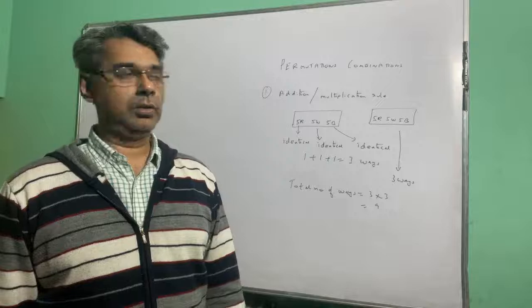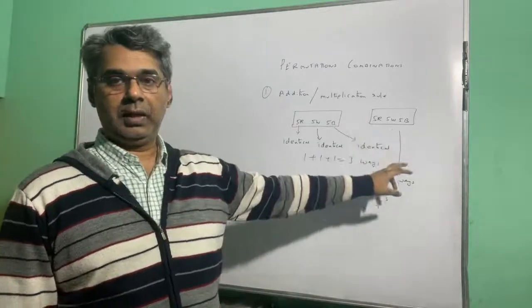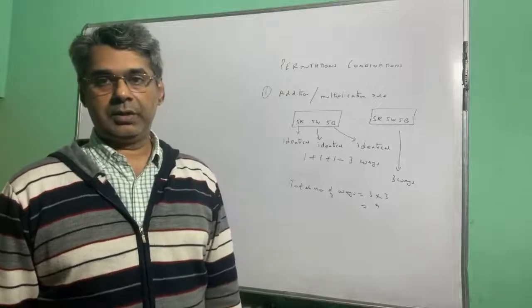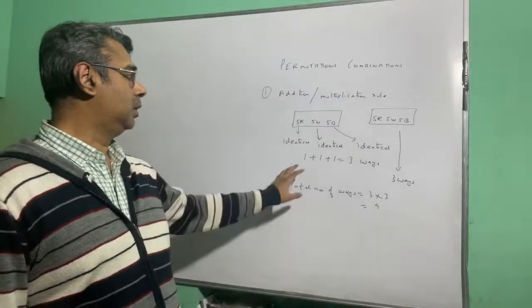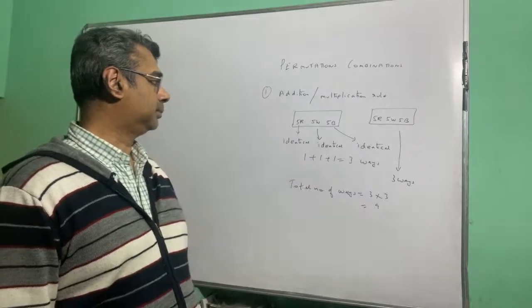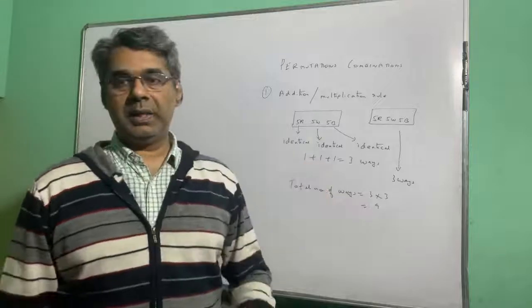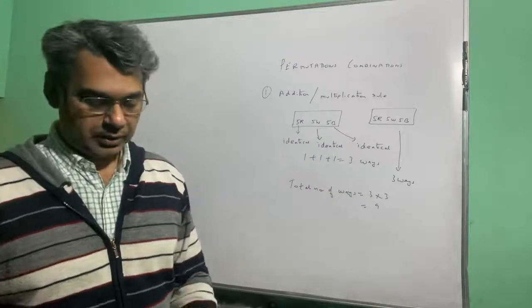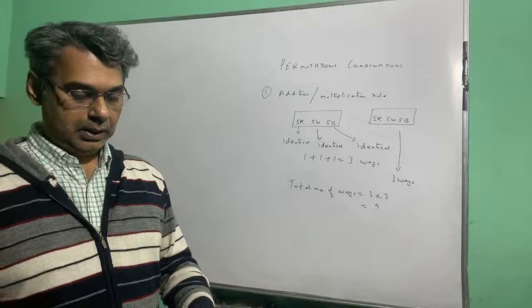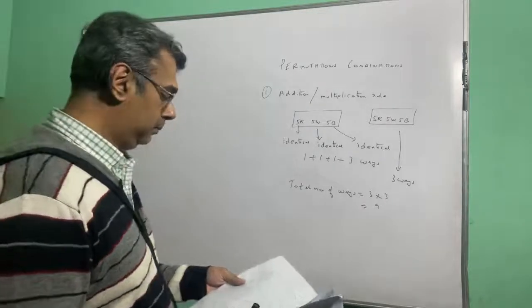And when it is this followed by this, like both will happen, then you do multiplication rule. These are the two basic rules of permutation and combination. The whole chapter is actually based on these two rules.